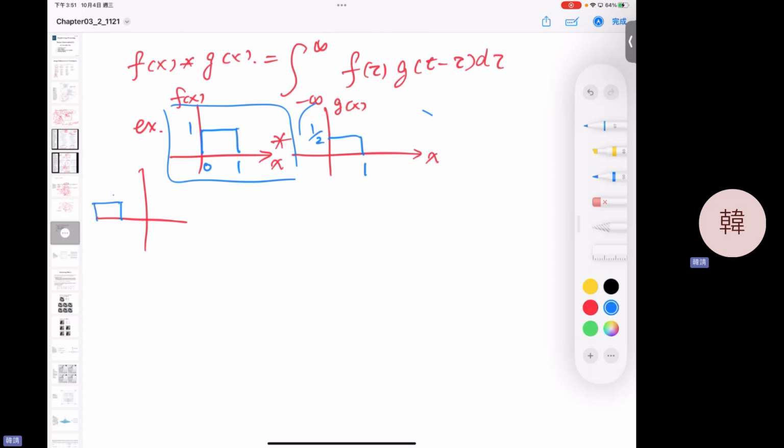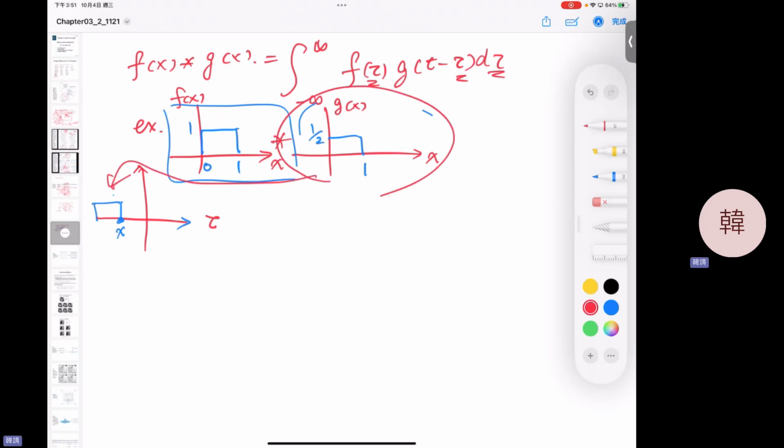Rotate. Because it is a new parameter, we use tau here. So we put it in the tau system, and we rotate this one.